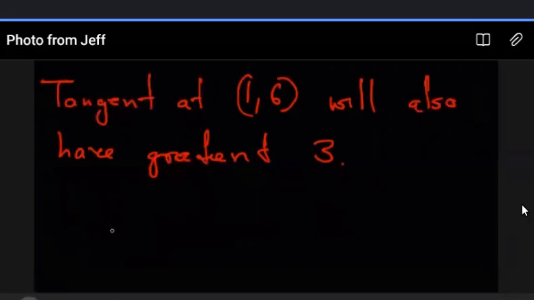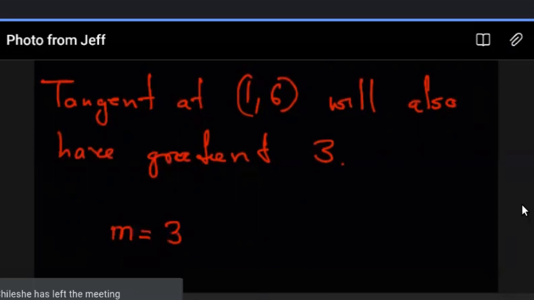So for our tangent, already we have determined that its gradient will be equal to 3 based on our results from that derivative. Now, having obtained this, notice that we have just solved one piece of the puzzle.